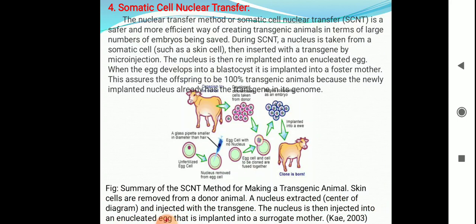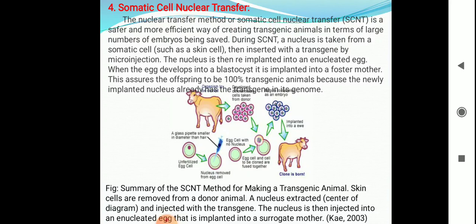During SCNT, a nucleus is taken from somatic cells, such as a skin cell, and then inserted with a transgene by microinjection.